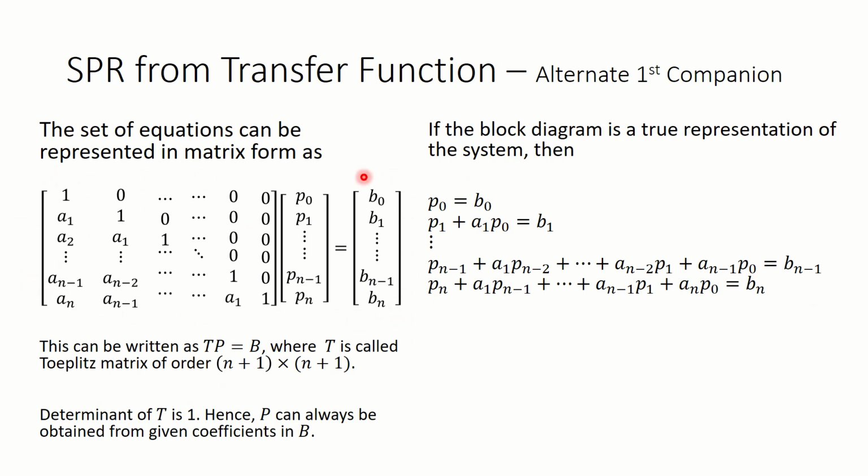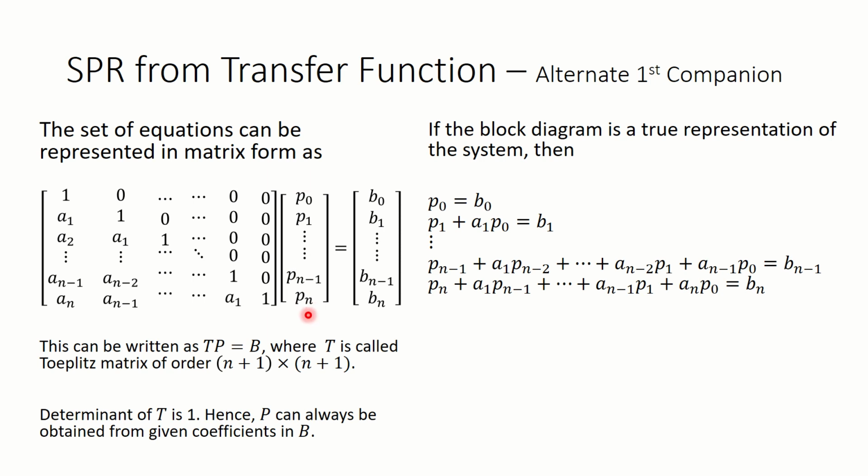In the matrix format, the RHS is this, which you can easily identify: b0, b1, and so on up to bn. We have broken down the LHS into these two, one matrix and another vector. Why have we done so? Because this is the vector we need to evaluate.